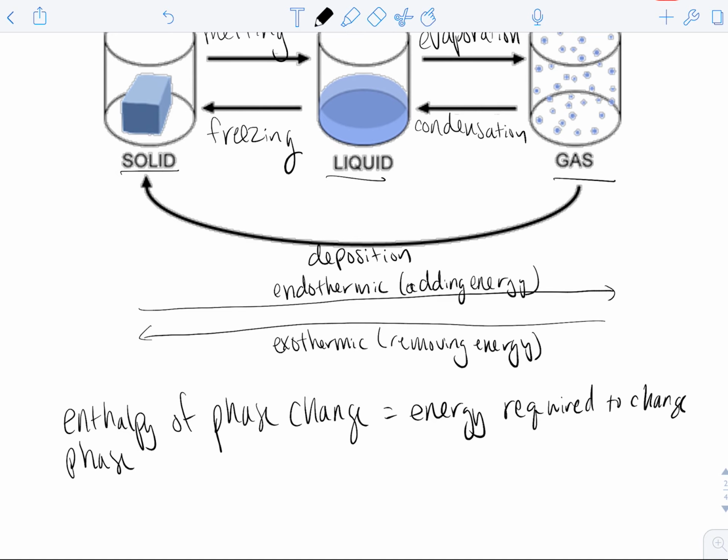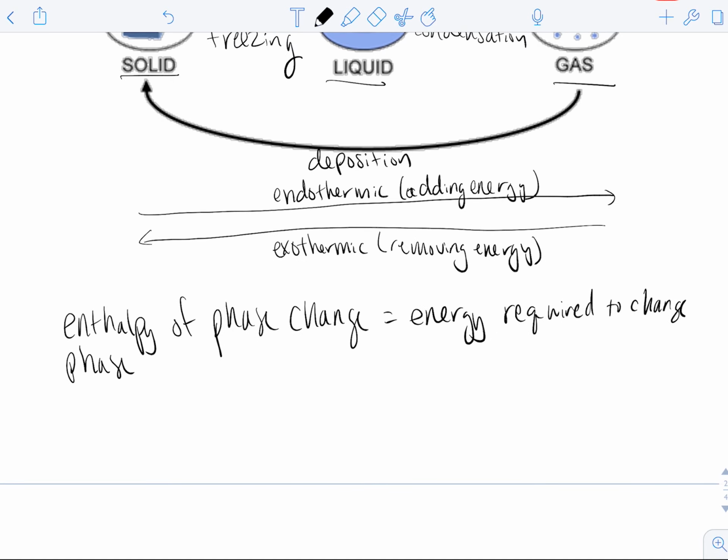Okay, so we're going to go from solid to liquid, liquid to gas, solid to gas, and we have different names for those energies.